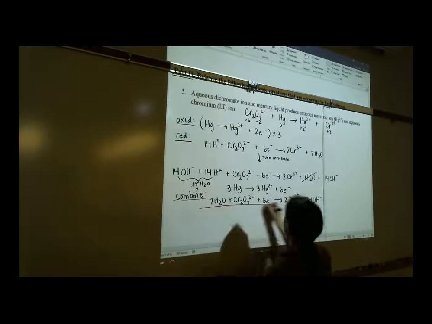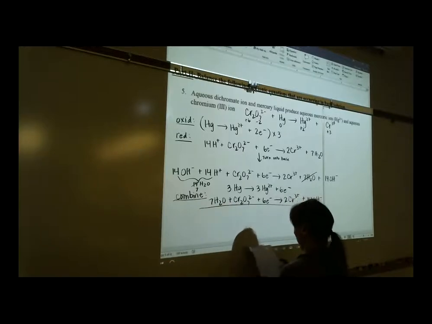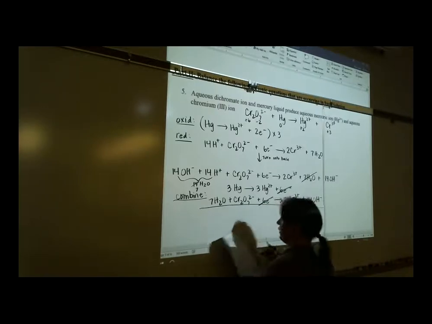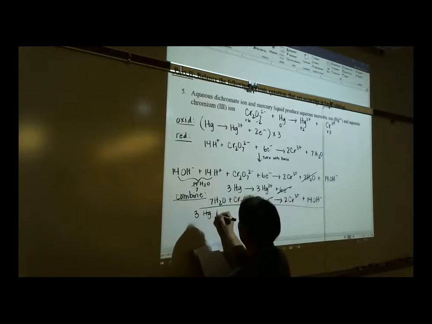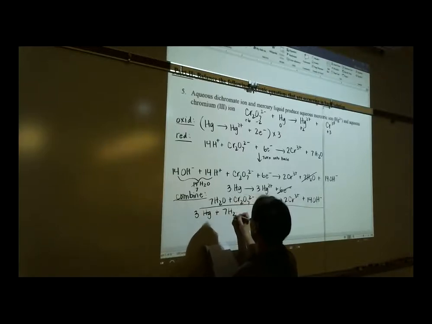Now we're going to do some cleaning up, and there is some cleaning up that we can do. Actually, no, there's not. It's just the electrons. Take that back. So, that gives me my final equation. 3Hg plus 7H2O.